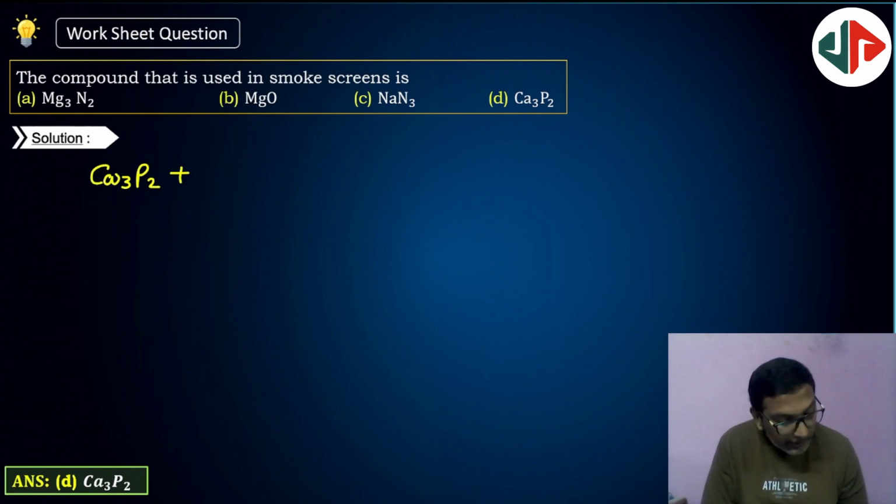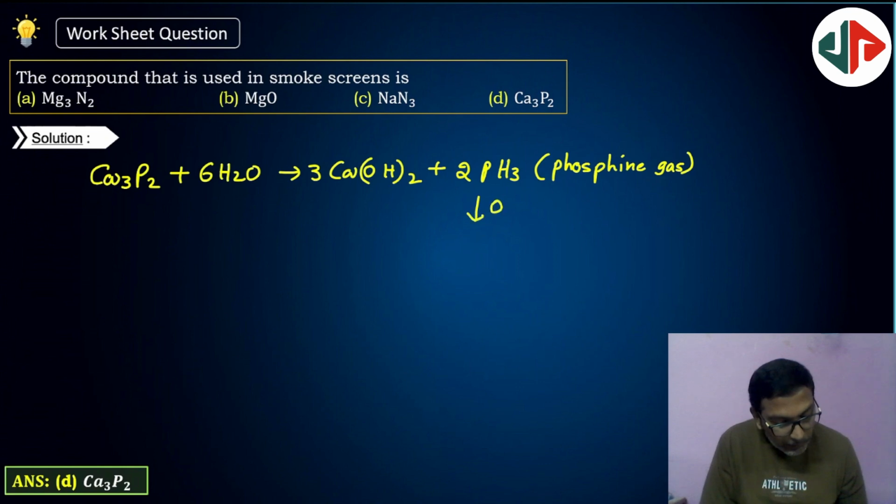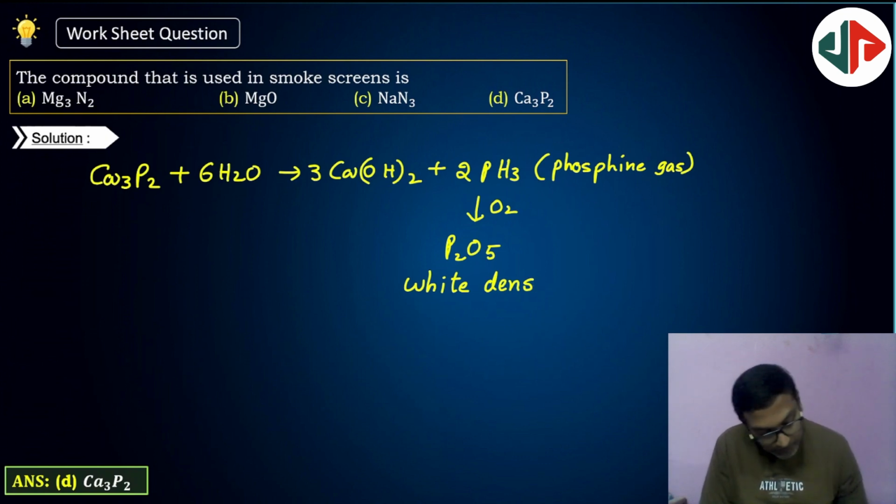Ca3P2 on hydrolysis gives 3 moles of Ca(OH)2 plus 2 moles of PH3, phosphine gas, which on reaction with O2 forms P2O5, which is white dense fumes or white dense smoke.